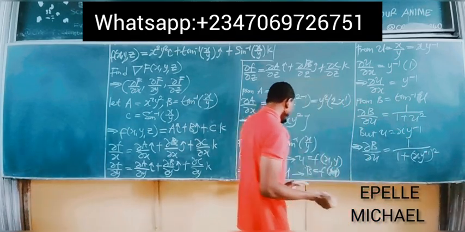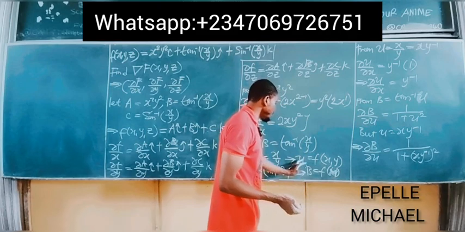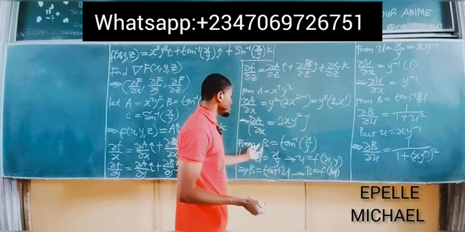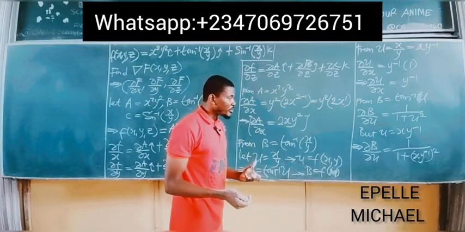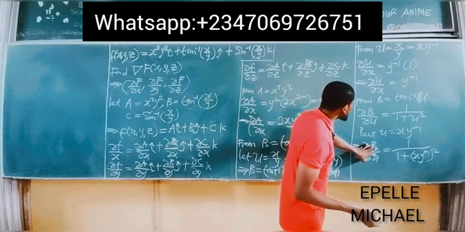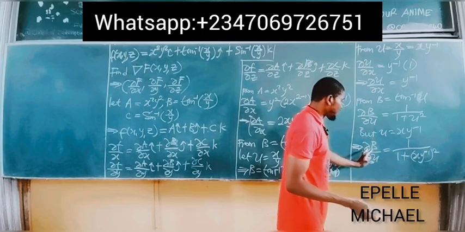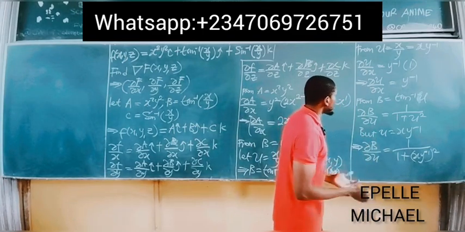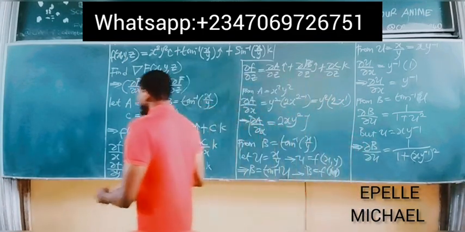Now, I've found partial b partial u, I've found partial u partial x, but what I'm looking for is actually partial b partial x. So I'll simply employ the chain rule to find that value, which is that if I multiply these two derivatives, I'm going to obtain the partial derivative of b with respect to x. Let's do it over here.